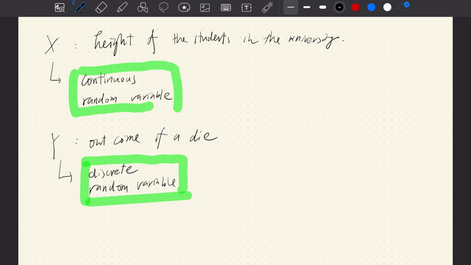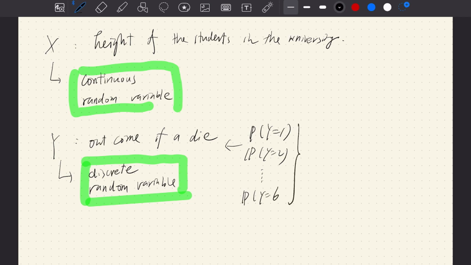Okay, so for any random variable, the most intuitive way to describe this random variable is to specify the probability of observing each value of this random variable. This is more evident in discrete random variables. For example, if you're interested in the outcome of a die, then we can describe this discrete random variable by specifying the probability, which we write P, of y equals 1, and the probability of y equals 2, up to the probability of y equals 6.